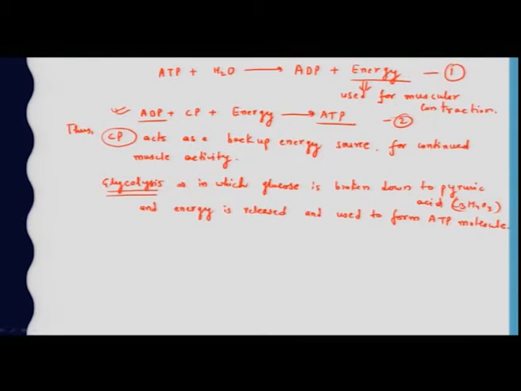If sufficient amounts of oxygen are available, then this pyruvic acid is oxidized to form carbon dioxide and water. However, glycolysis can also take place without oxygen.